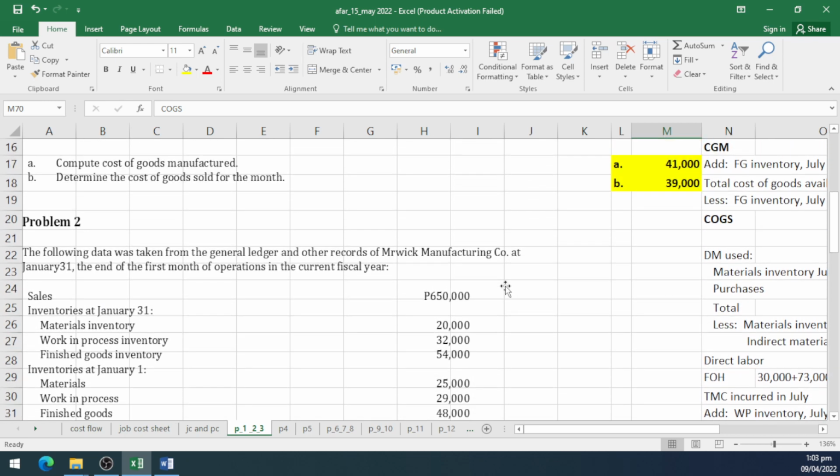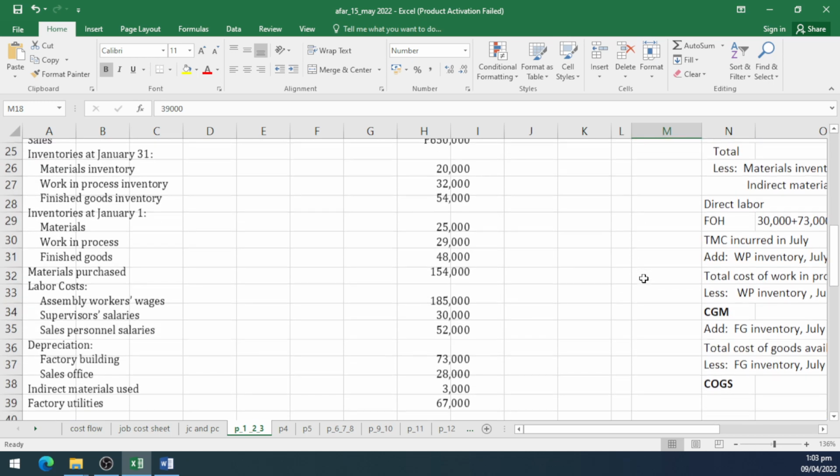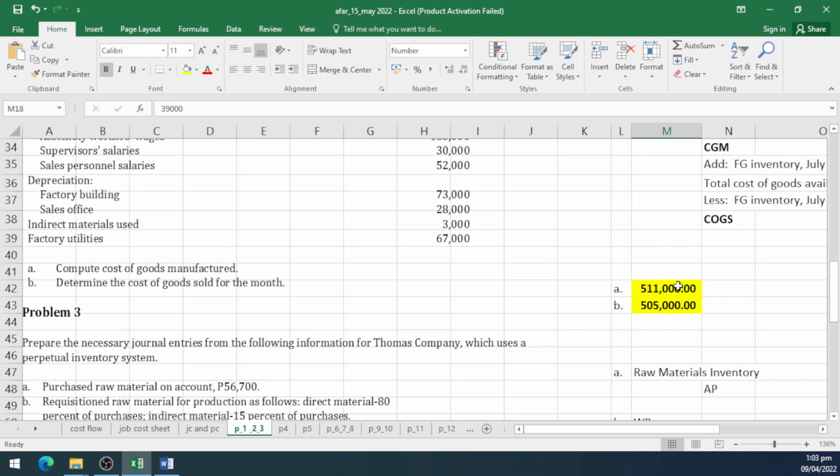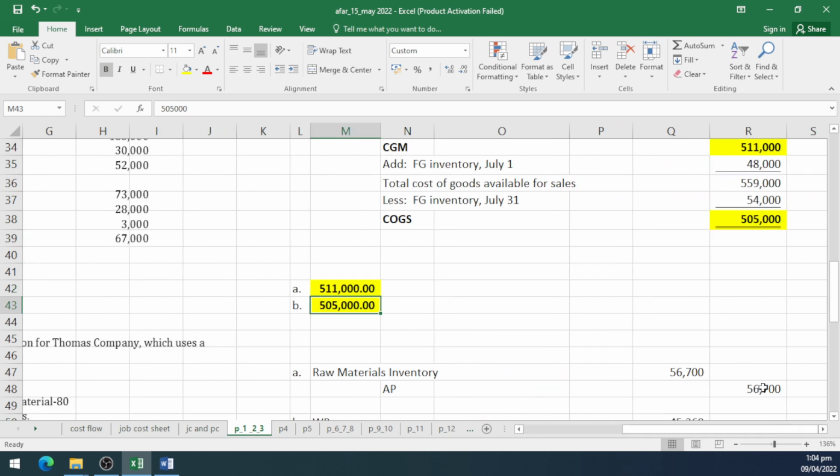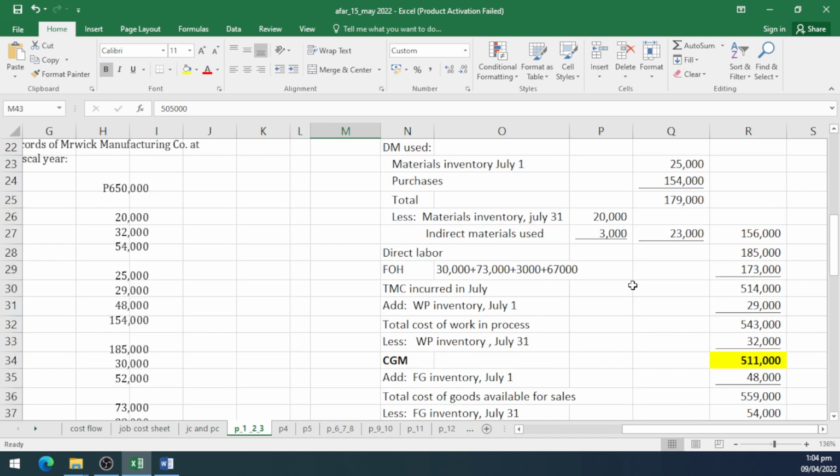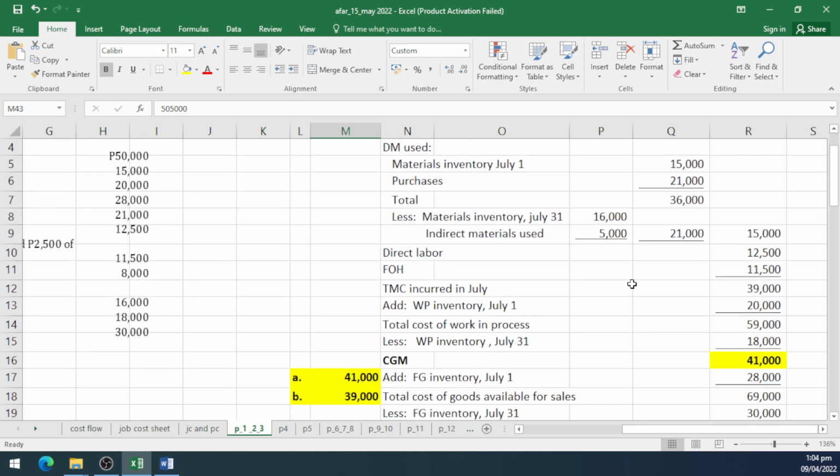Hindi ko na masyadong i-detail po yan. For problem number 1, 41,000 yung ating CGM and 39,000 yung cost of goods sold. For problem number 2, 511 yung ating cost of goods manufactured and 505,000 naman yung ating cost of goods sold. At ito po yung ating computation, of course. Yan, yung solution yan.